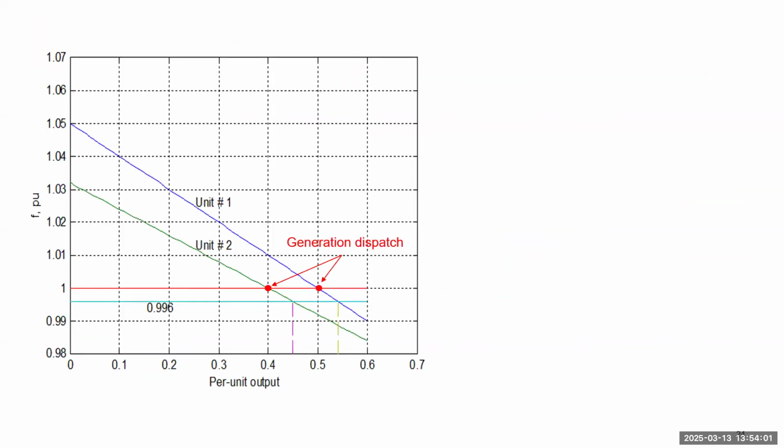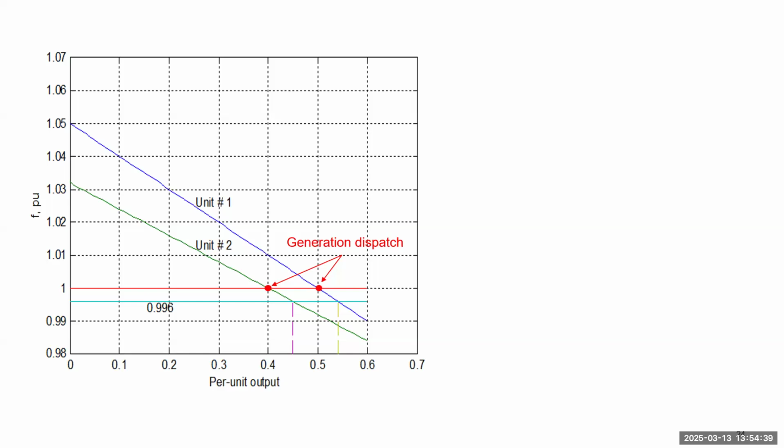Let's visualize how the generation and load change in this figure. The X will be the per unit output of each unit, and Y will be per unit frequency. There are two straight lines indicating the frequency control characteristic of each unit, and the slope is negative because it's droop control. When the system operates at 60 Hertz, those two lines will intersect with this right line at 2 points.